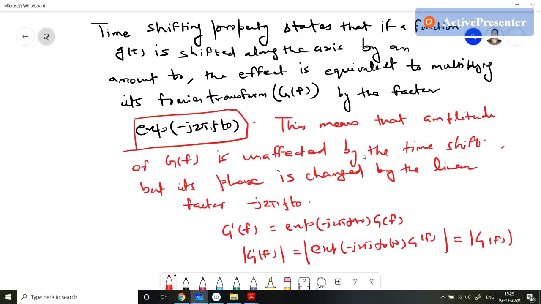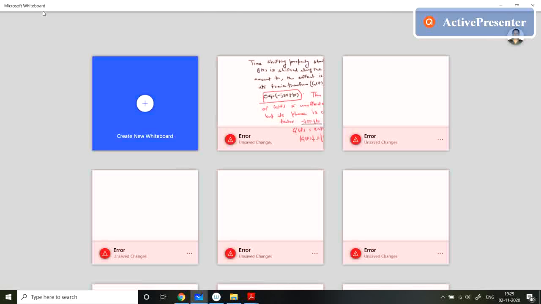The amplitude spectrum remains the same, but the phase is changed by a linear factor of minus 2 pi f t naught. This is a very important property, and it is called time shifting.